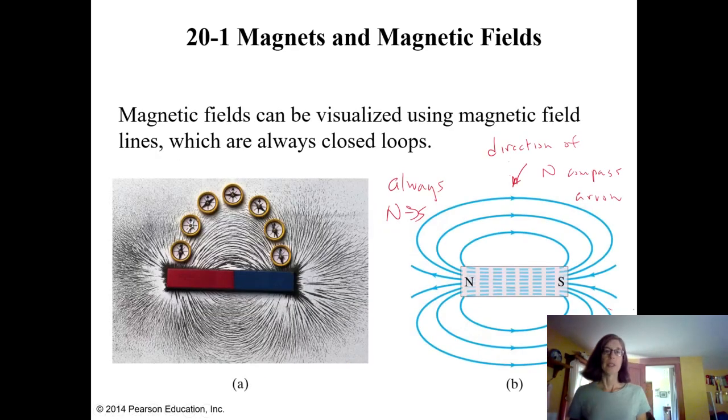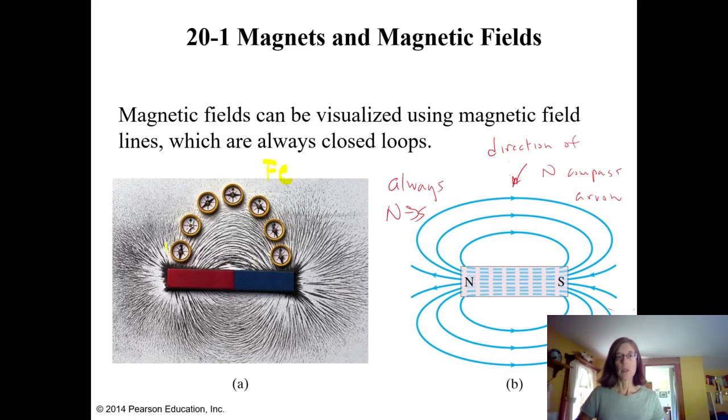So the way that we visualize this, and if we were in a lab, you would see this experimentally. If you took a magnet and you put iron filings here, which are attracted to magnets, you would see that what you get would be these field lines.